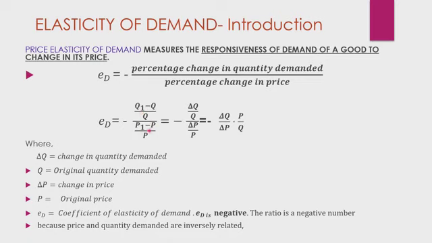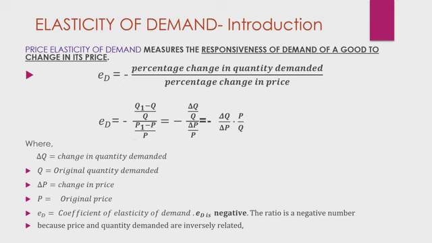Similarly, P is the initial price of the good and P1 is the changed price of the good. So it is the change in the quantity divided by the initial quantity consumed, divided by the change in the price of a particular good over the original price of that good. Now this entire formula I've tried to explain with an example.